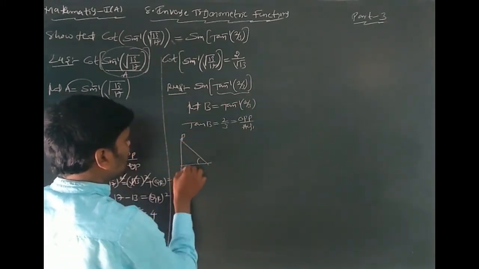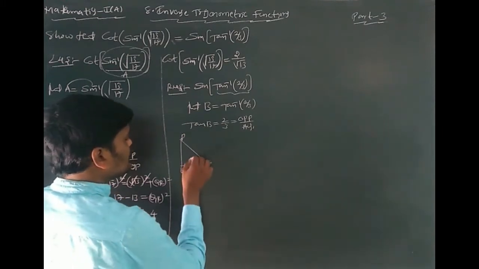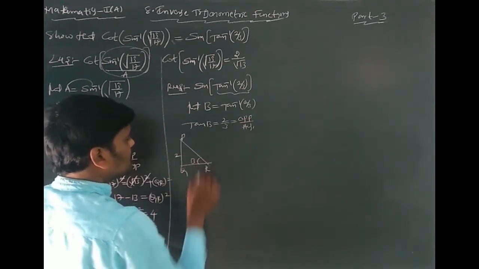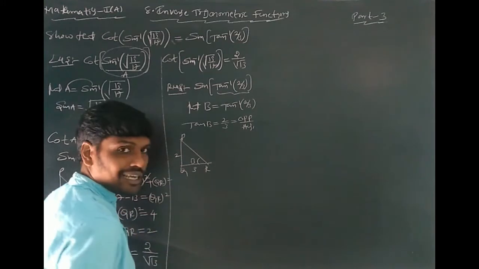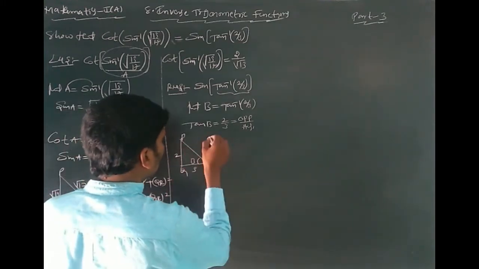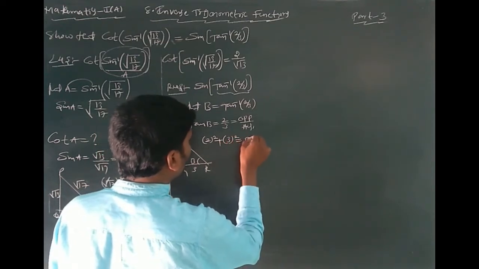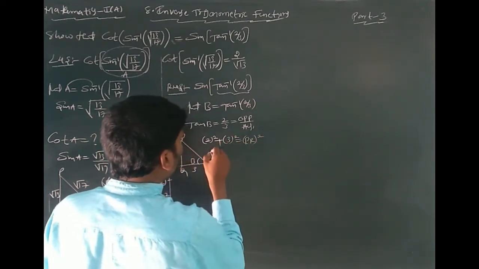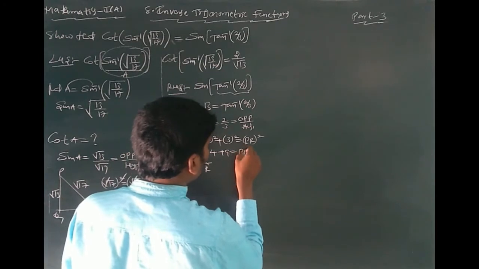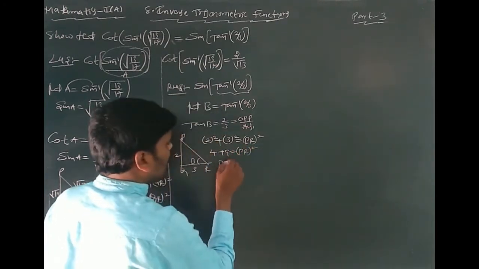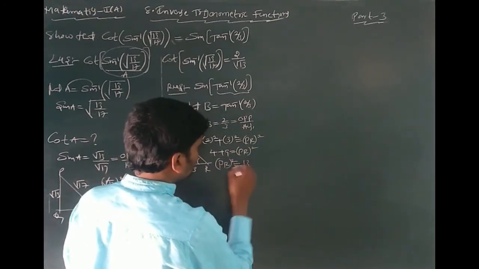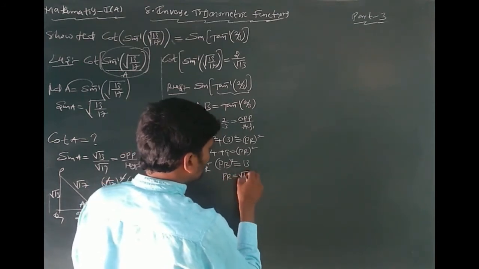Opposite is 2, adjacent is 3. 2 square plus 3 square is equal to hypotenuse square. 4 plus 9 is equal to PR square. PR square equals 13.